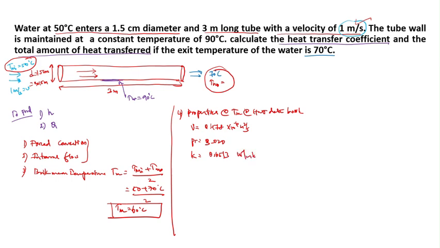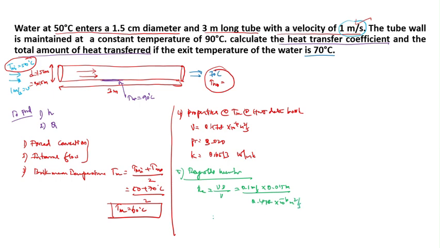After evaluating the properties, you find the Reynolds number. The fifth step is the Reynolds number, Re is equal to u d divided by nu. Here u is equal to 1 meter per second, diameter is 0.015 meter, and kinematic viscosity is 0.478 into 10 to the power of minus 6 meter square per second.